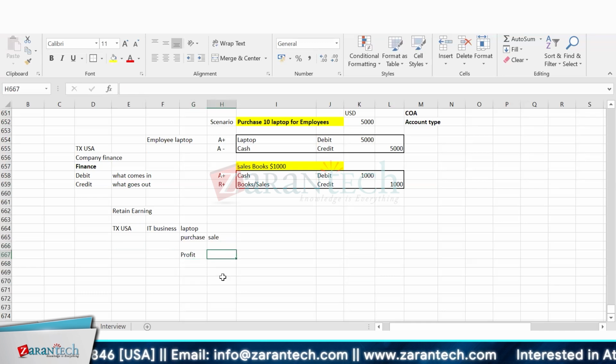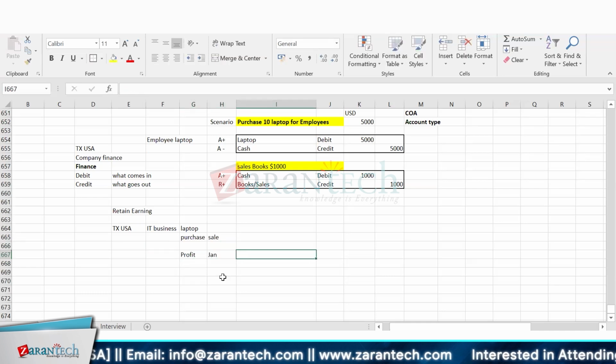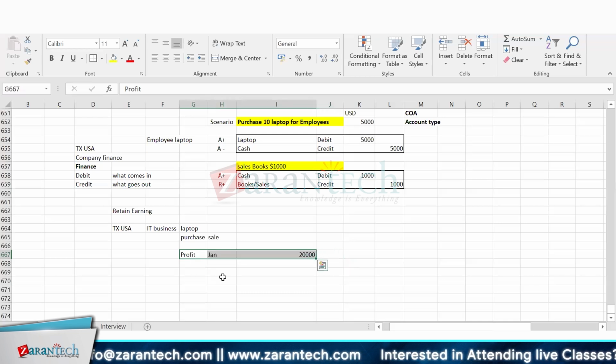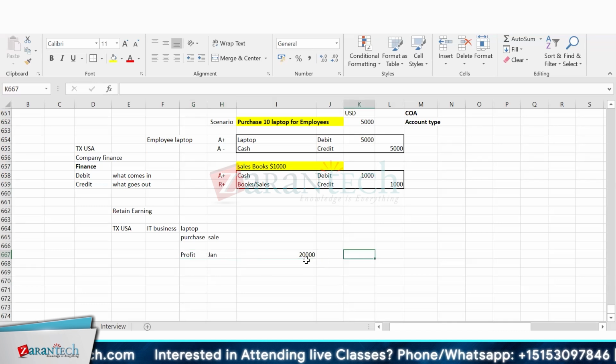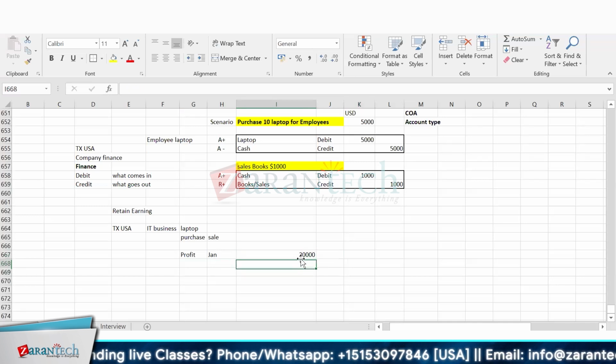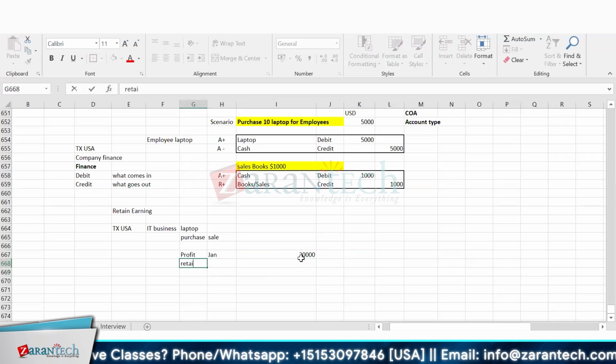So now for this business, I'm earning some profit. This profit for the month of Jan was $20,000. Because I have a public limited company, this profit I have to distribute to the shareholders as well. Normally, companies never distribute all of their profit to the shareholders. They retain some profit as well.